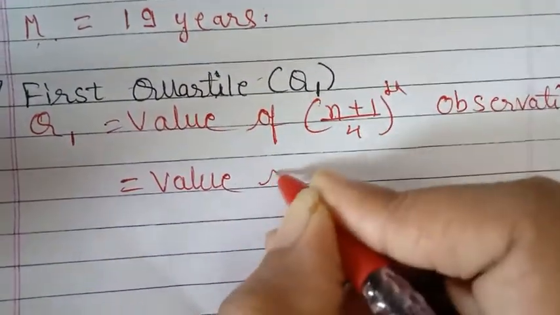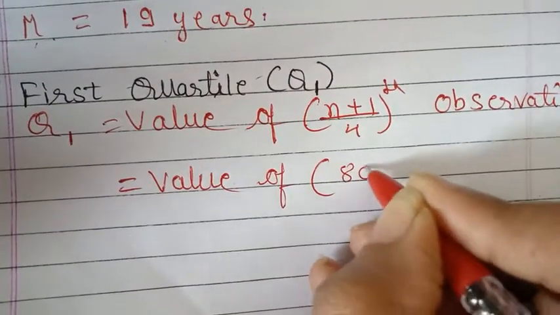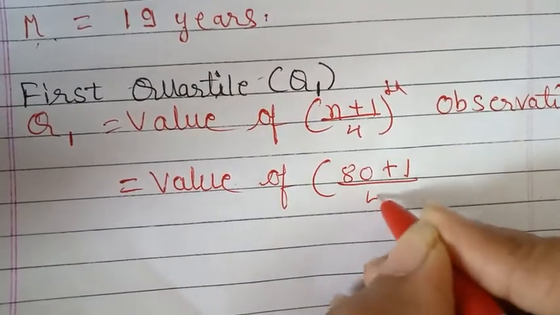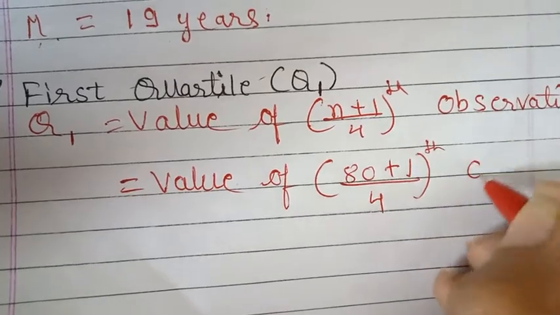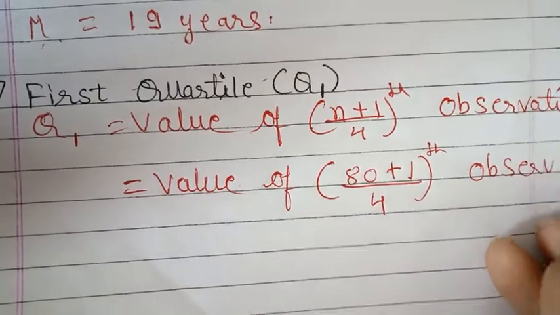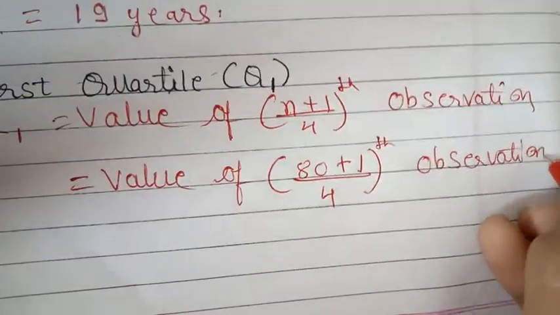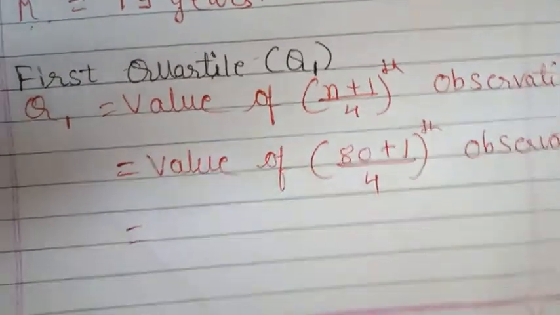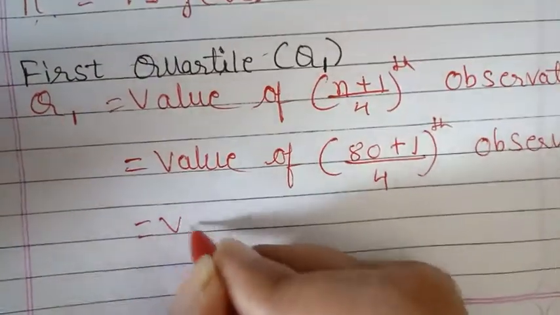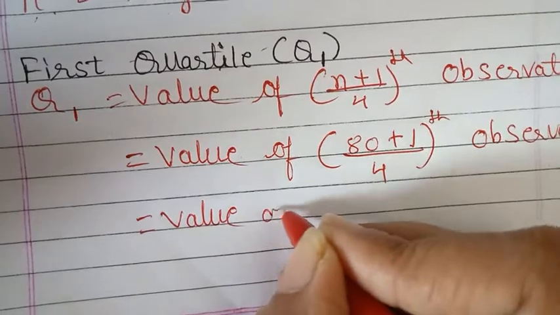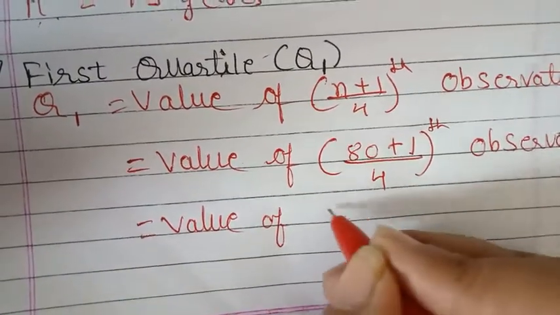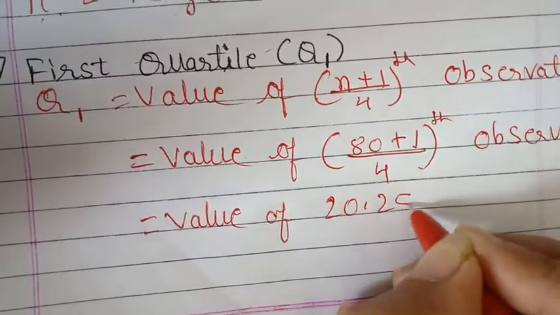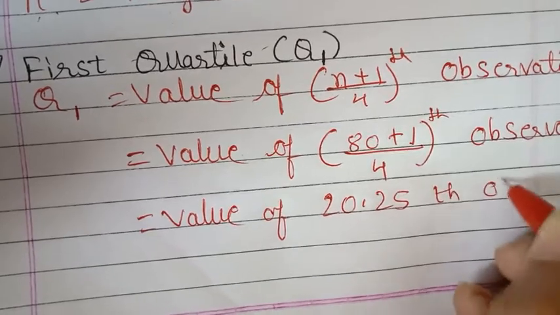So the value of (80 plus 1) divided by 4th observation. That will give you, when you divide 81 by 4, 20.25th observation.